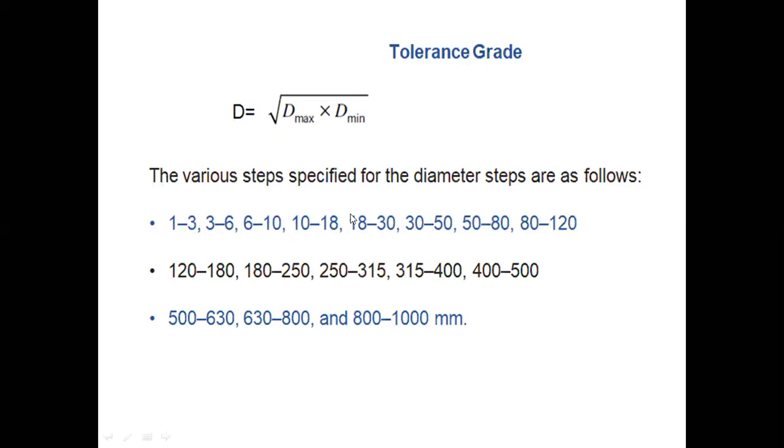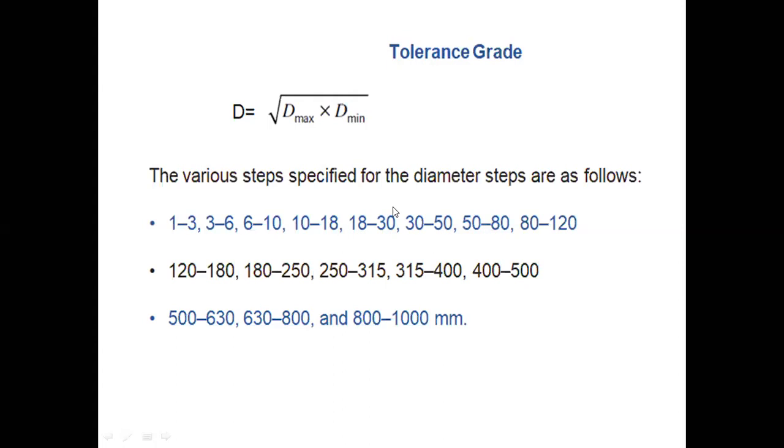This step will be given to you in the problem statement. So you have to take the geometric mean of these two. This is the lower and this is the upper diameter. So D is given by the square root of 18 into 30. That will be the answer of D.